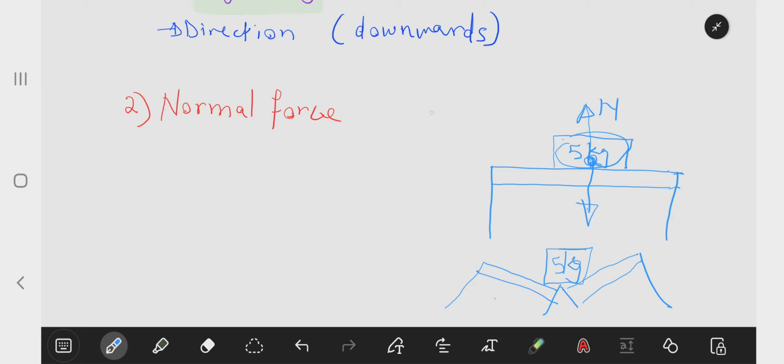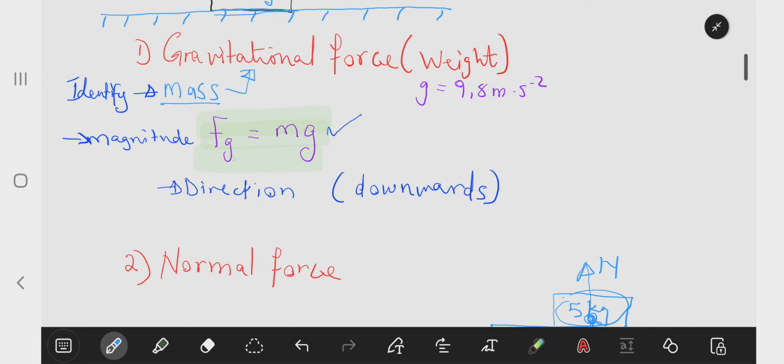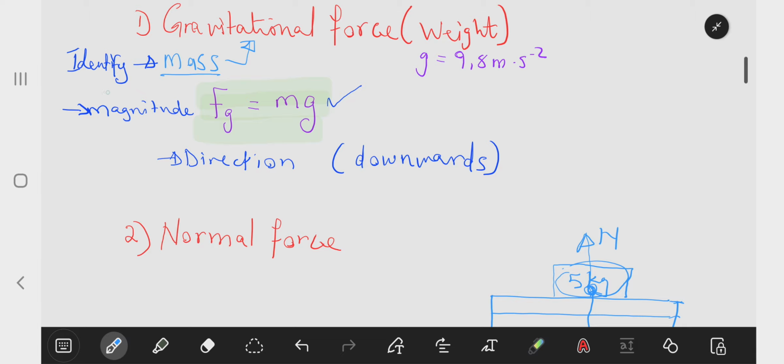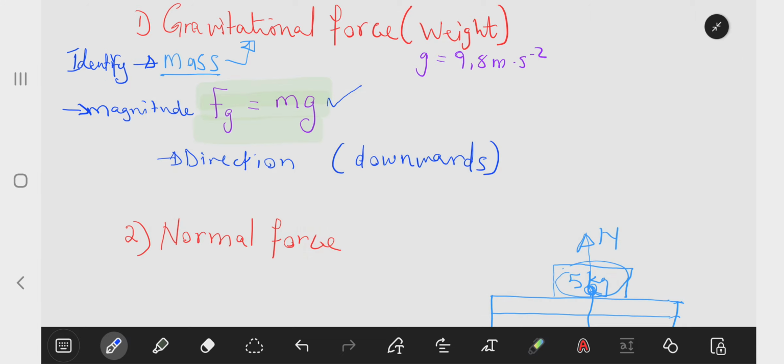So how do you know that there is normal force? We said the first force is gravitational force, right? And how do we identify it? We identify it using the term mass. The moment you have mass, you have gravitational force, right? So in terms of your normal force, how do you identify that in a specific scenario you have a normal force?